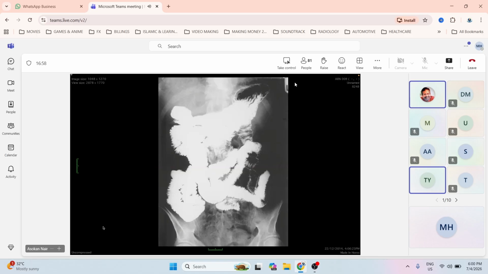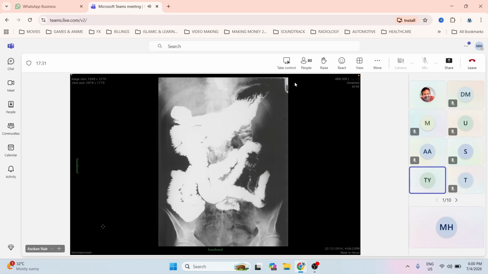This is a small bowel follow through in the frontal view. I can see that there is opacification of the stomach and the small bowel, and the small bowel appears abnormal, with the valvulae conniventes appearing very close together, giving rise to a hidebound appearance. Otherwise, I don't see any soft tissue calcifications.